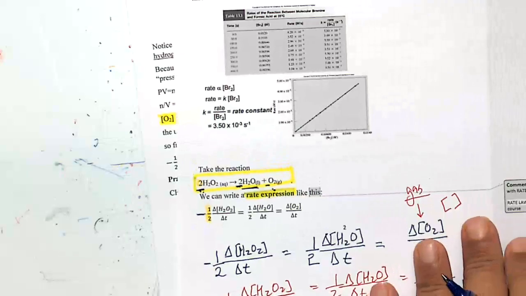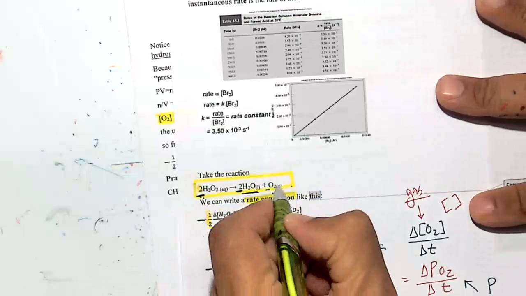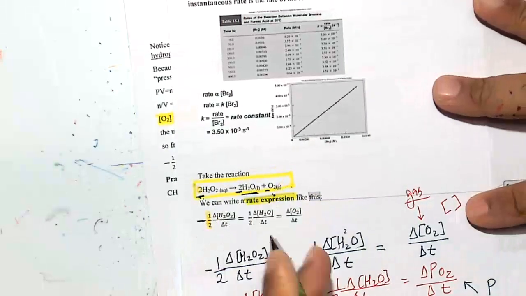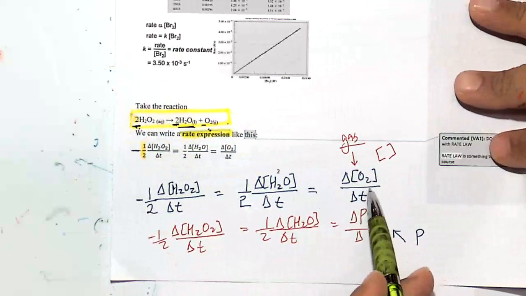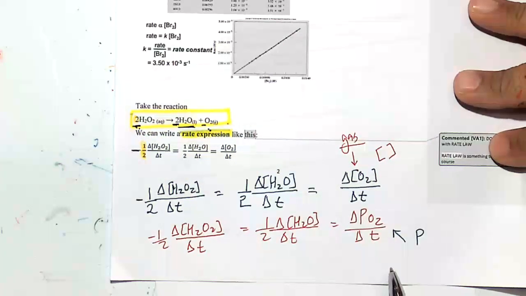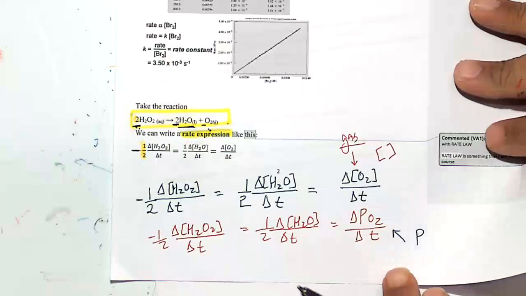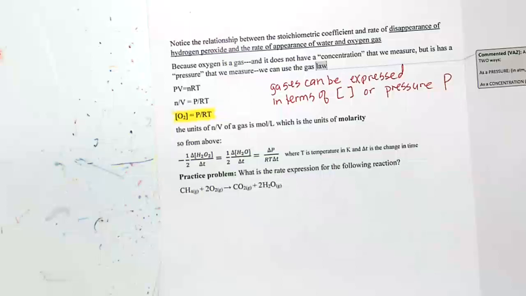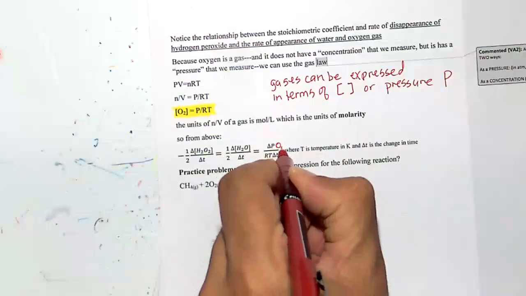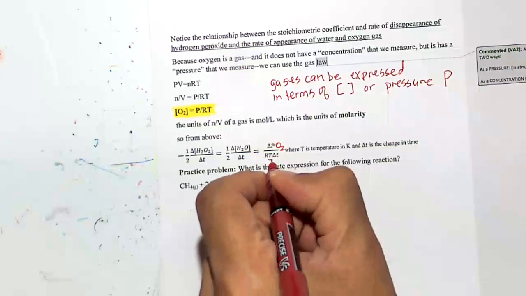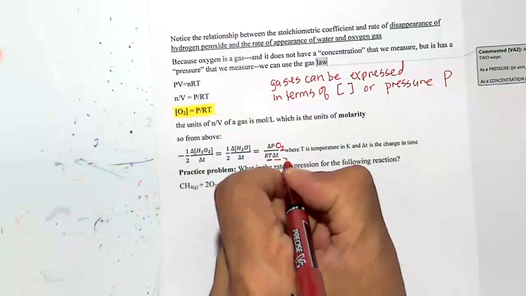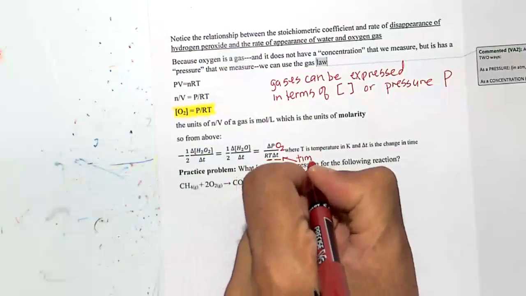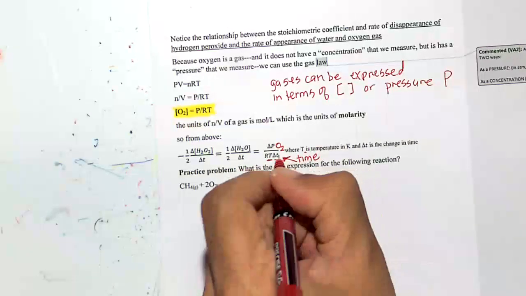And if you see a gas, you can express that gas as the change in concentration of the gas over time or the change in pressure over time. That's all this is saying here. Change in pressure of O2 over time. Capital T stands for temperature. Lowercase t stands for time, change in time.